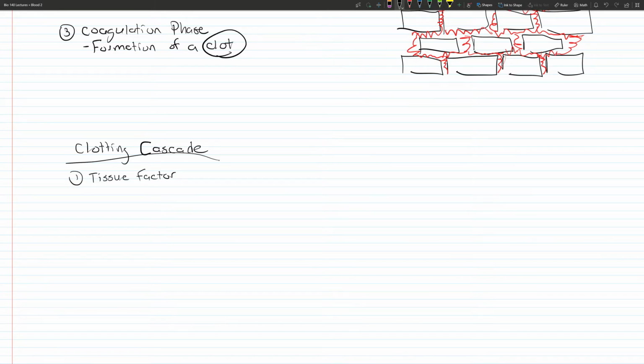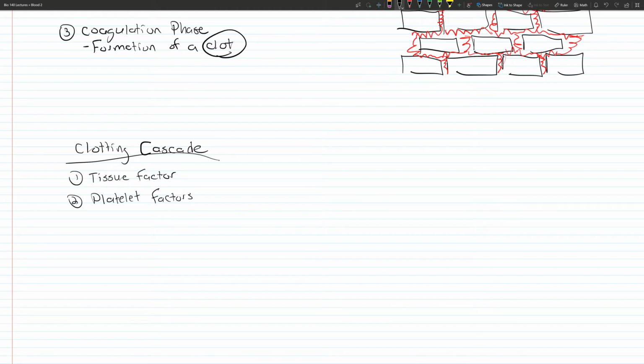So the goo that actually comes out of cells when they're injured, or platelet factors. What platelet factors do is, when the platelet binds to the site of injury, it releases these things that start the clotting cascade.